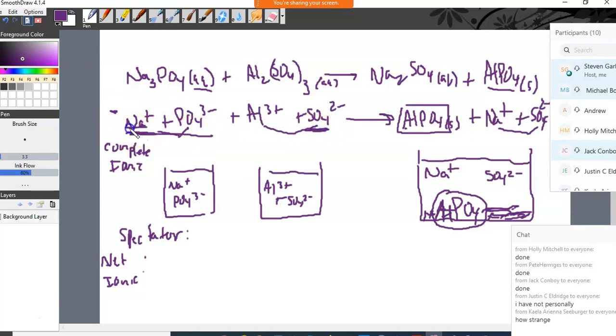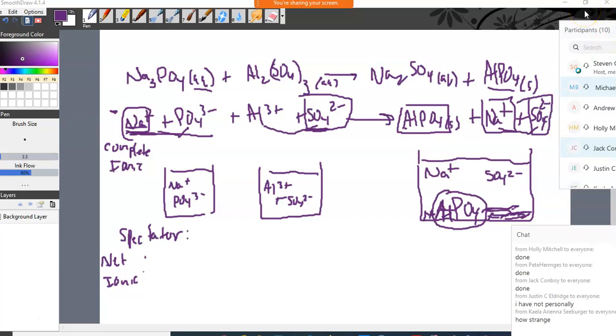Why is that? Because they're starting in the ionic form here, and they're ending exactly the same way in the ionic form. They have not changed. Okay? So since they start one way and they end exactly the same way, they're called spectator ions. They aren't doing anything. They're just watching the action.